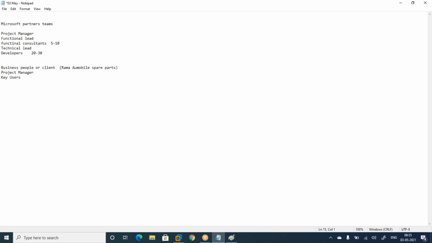Key users means like accounts manager, and the purchase manager, and stores in charge, etc. Key users, and then end users, like actual accountants and sales clerk, purchase clerk, like this.